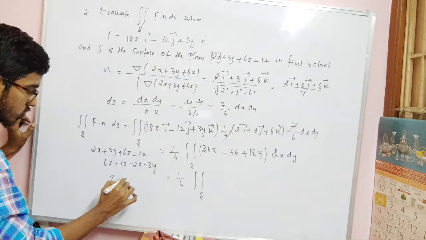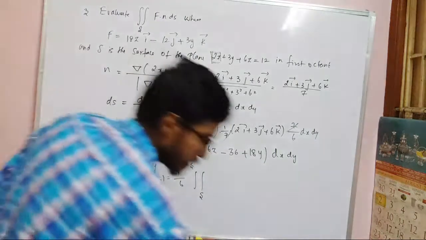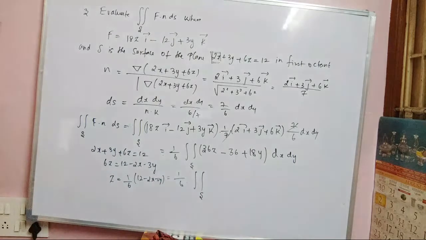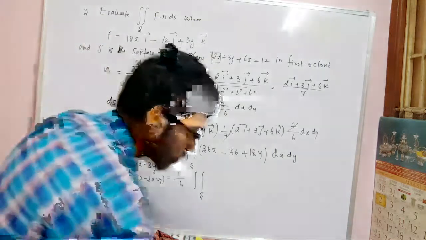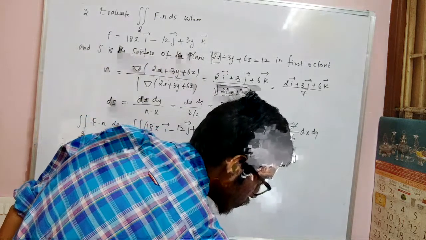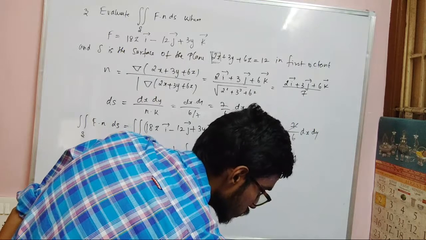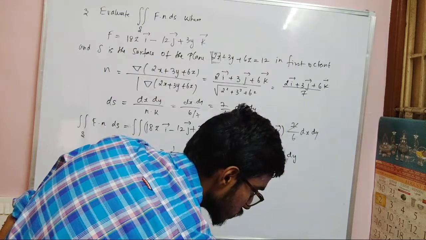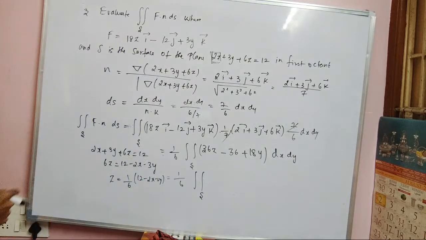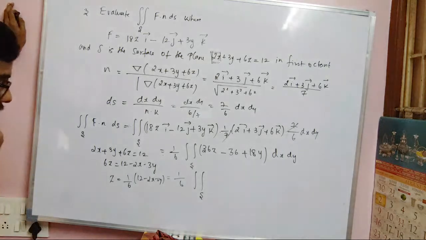That means z is equal to 1 by 6 (12 minus 2x minus 3y). Now we need to substitute z.